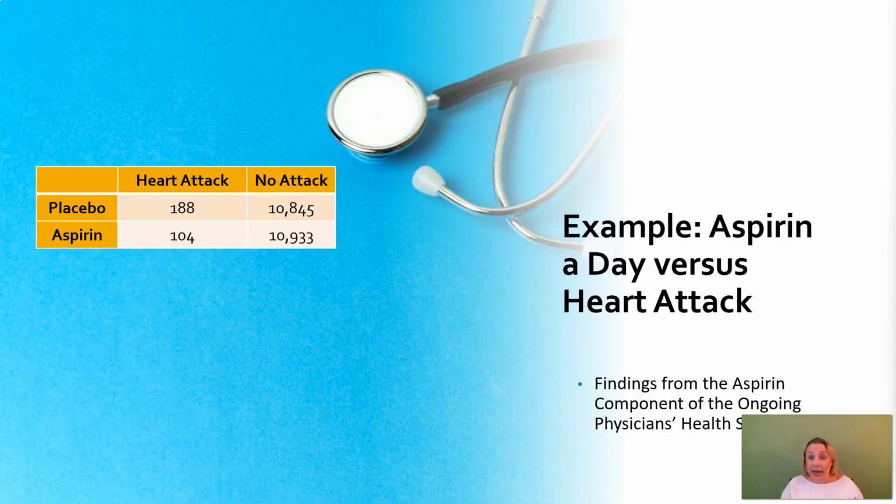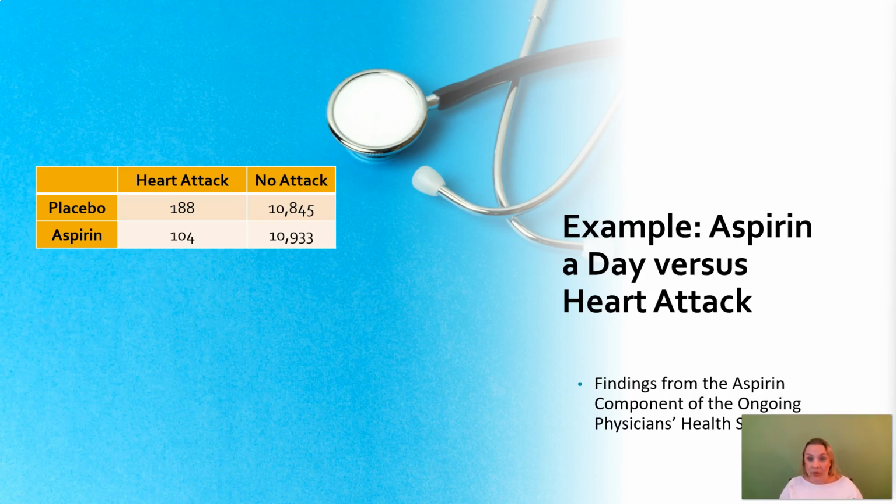So let's look at aspirin a day versus a heart attack. Here we have findings from an aspirin component of an ongoing physicians' health study. So we're looking at people that have been given the placebo and people that have received the aspirin. And then here are the people who have had a heart attack versus those who have not. People who are taking the placebo and have had a heart attack were a total of 188.